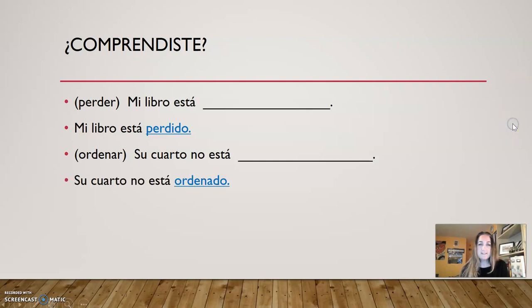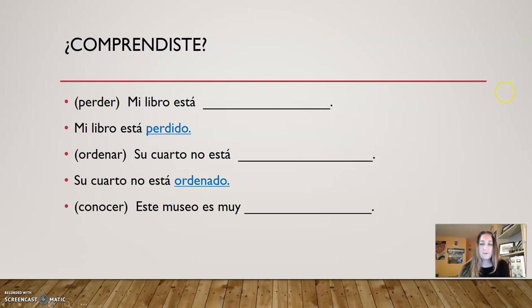You should have said, su cuarto no está ordenado. And this one, the past participle of conocer. Hopefully you said, este museo es muy conocido. As you can see, the past participle of regular verbs is pretty easy.